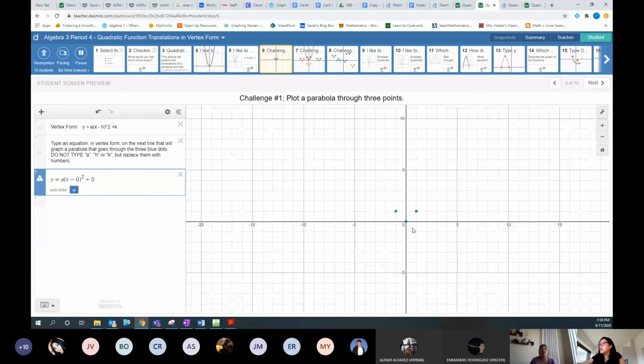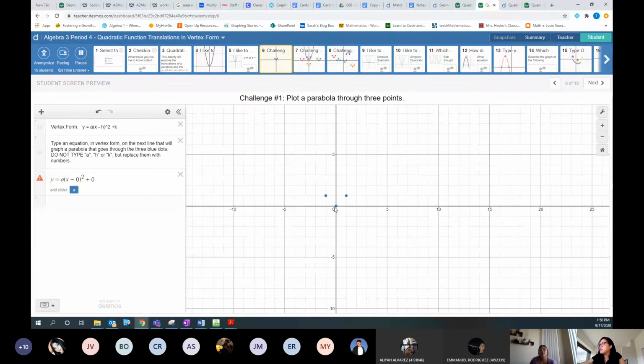And then if I adjust my point, this is one side, one up. One side, one up. So that means that my A is a 1. If I put a 2 here, it becomes narrower because now it's going one side, 2 up.